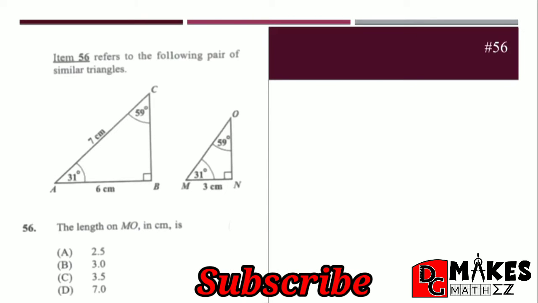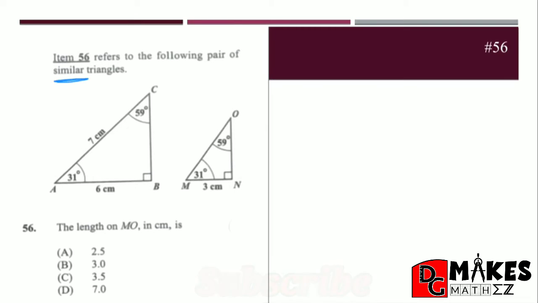All right. So we move to question number 56. And again, it's a test of basic properties. It says these triangles are similar, and for these triangles to be similar, first of all, you notice some similar things. The angle formed here, 31 degrees, angle formed here, 59 degrees, and a right angle, which means that the ratios of the sides of our triangles are going to be equal.